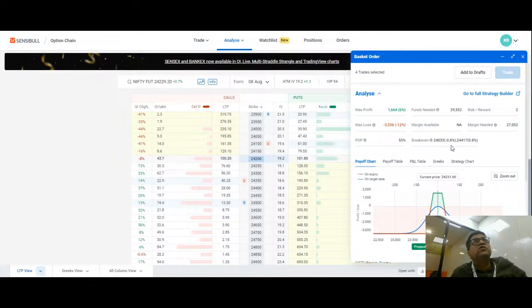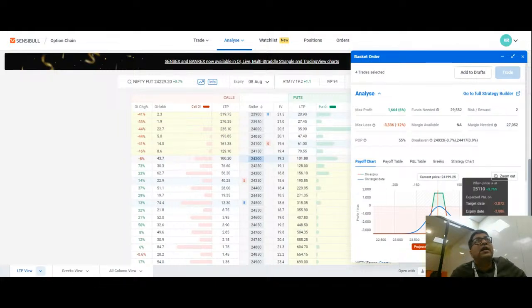My range here is around 24,033 to 24,417. My max loss is if the markets fall down a lot tomorrow, that is around 1%, so it's about 0.8% on either side of today's range. Tomorrow, if the market has extreme volatile movements, I will make adjustments. But for now, let me just start with this strategy.